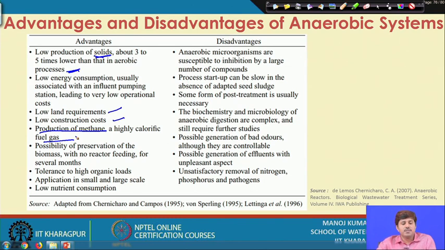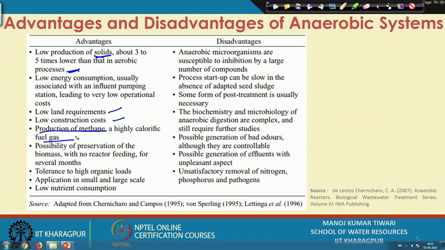Then there is the possibility of preservation of biomass with no reactor feeding for several months, because the amount of biomass produced is very low, so that much can be retained inside the reactor. Anaerobic species are generally slow growers, and at the same time their decay is also slow.